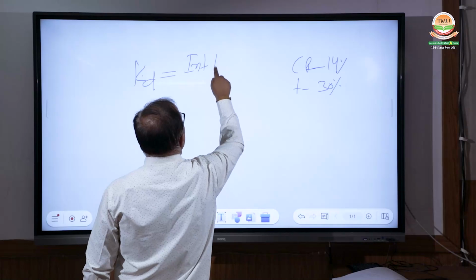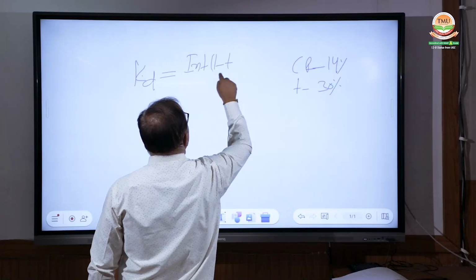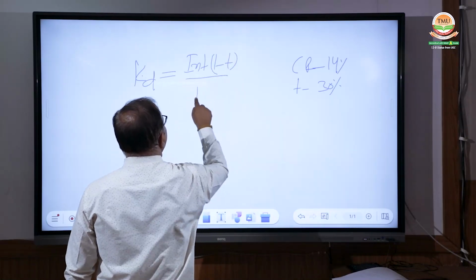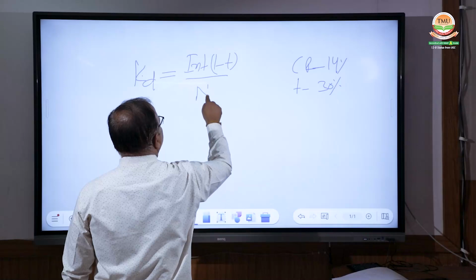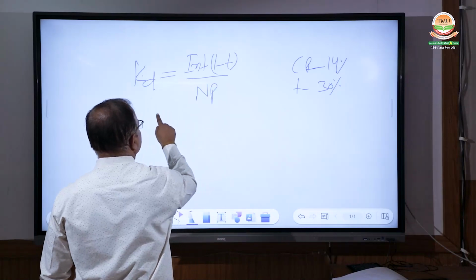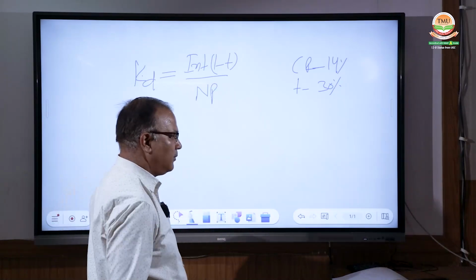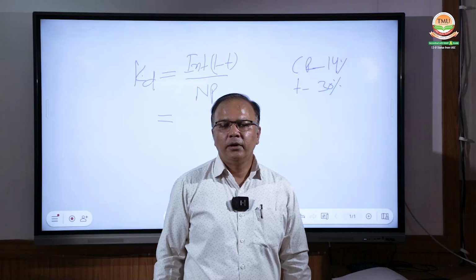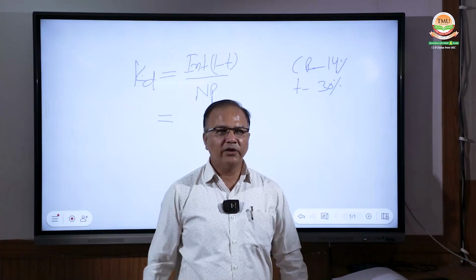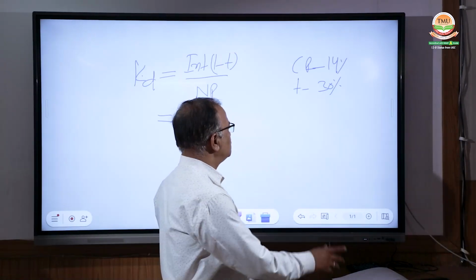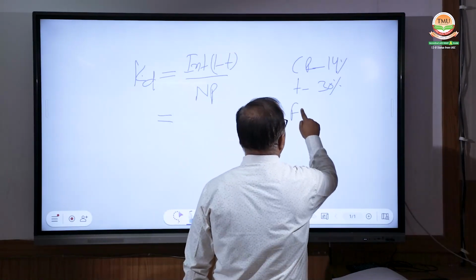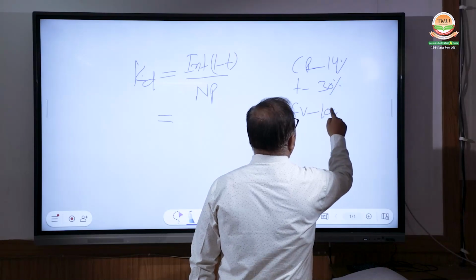So, simple formula: interest into (1 minus T) divided by net proceed. Same thing, because face value is not given in the question, so you have to assume face value is 100.